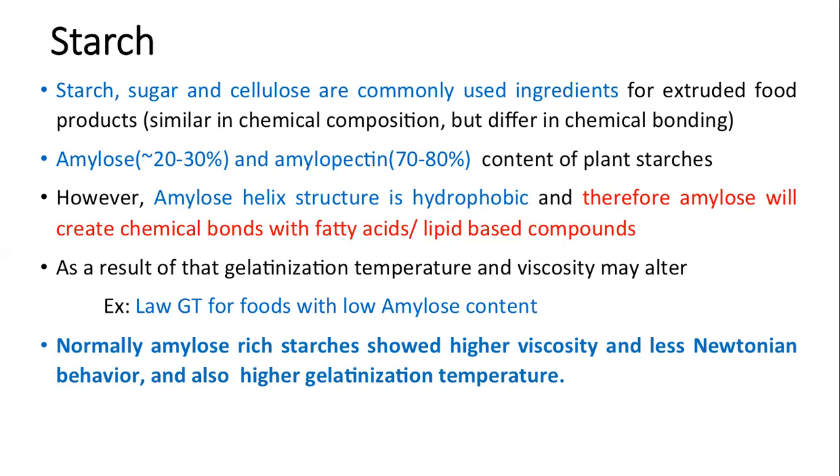Gelatinization means absorbing water and changing the texture with temperature. Since the amylose helix is hydrophobic, it creates bonds with fats, not with water. Therefore it is very difficult to develop extruded food products with high amylose content. There should be higher amylopectin content than amylose content.